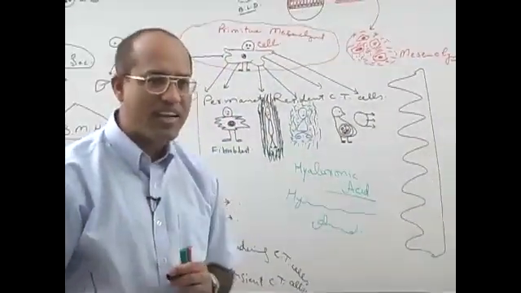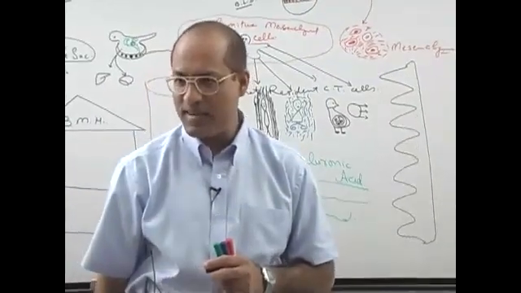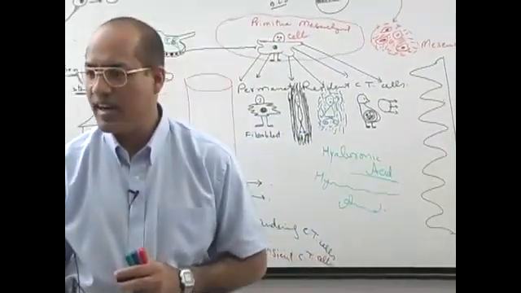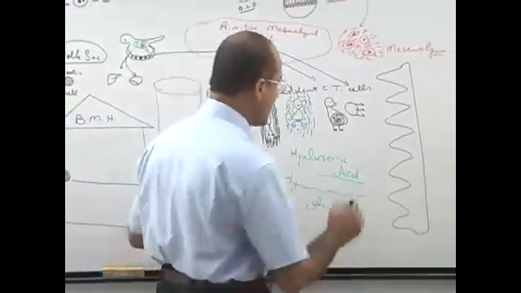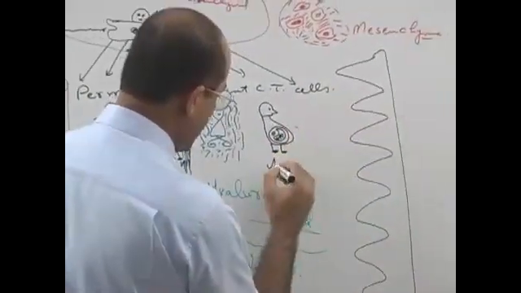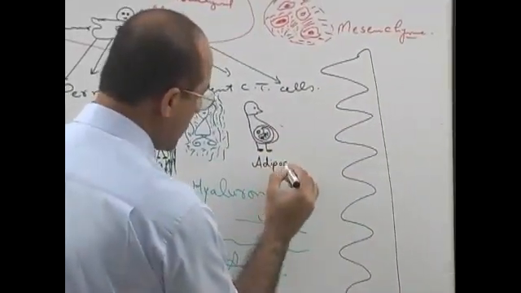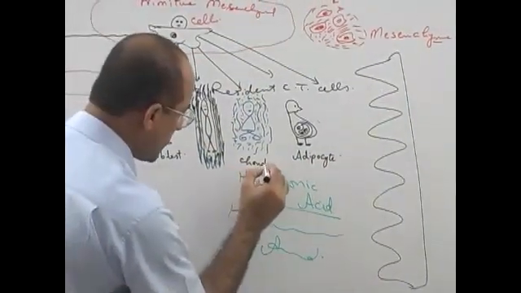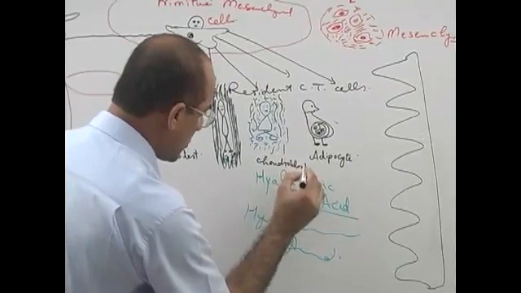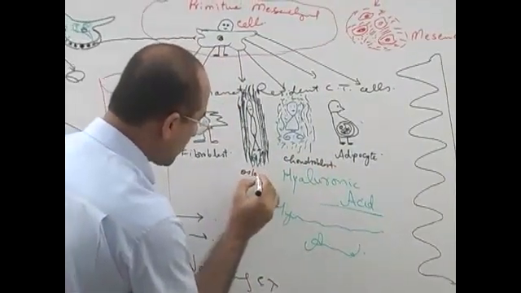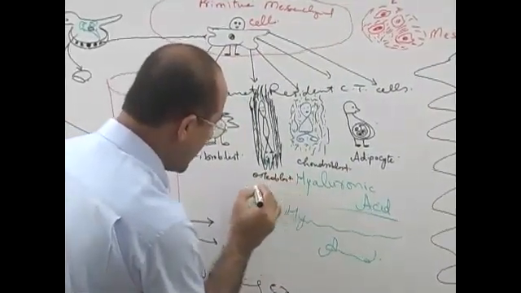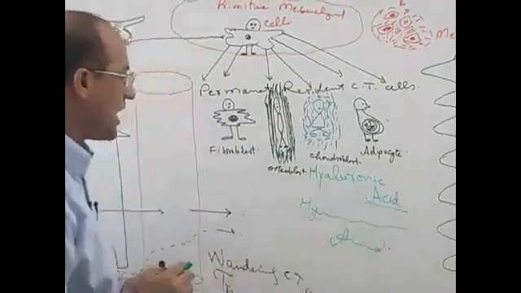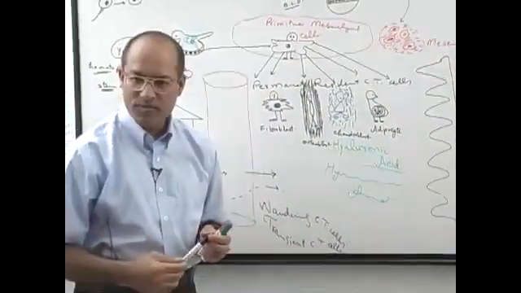So don't call it fat cell. In medical literature it is called adipocyte. Adipocyte. What was this? Chondroblast and eventually chondrocyte. This was osteoblast and eventually osteocyte. Is it difficult?